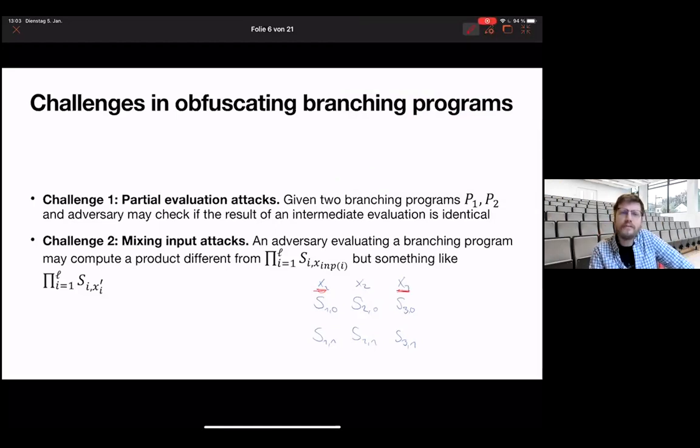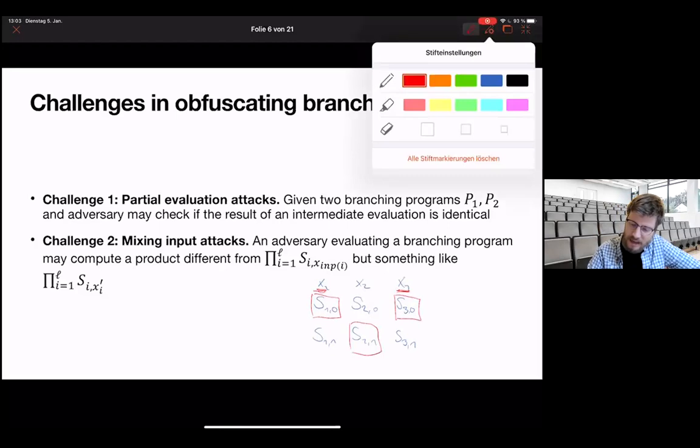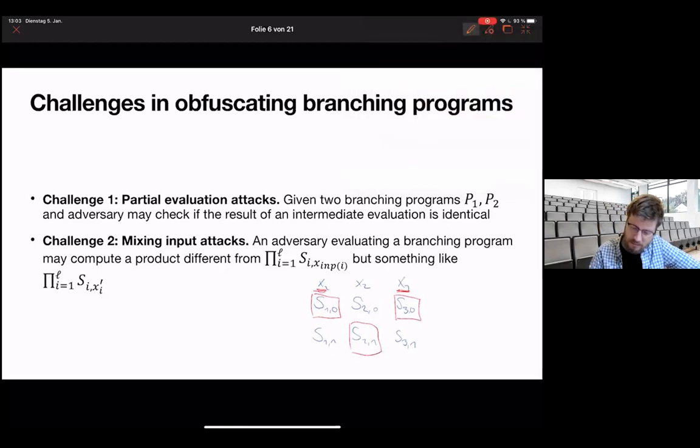And now, of course, an adversary could go ahead and just not obey this rule. Instead of computing, let's say, a product like this, he might just go ahead and, here, choose X1 equals 0, then multiply with that, and back here, instead of using X1 equals 0 again, he just chooses it to be 1.